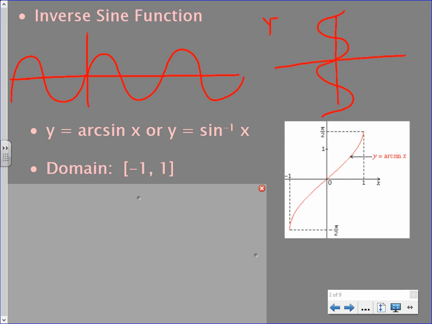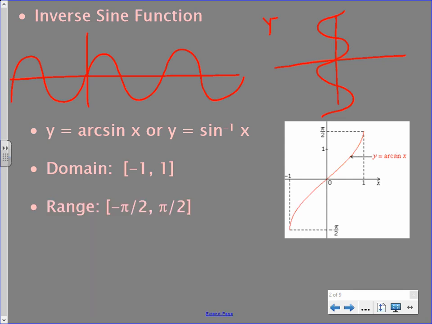You remember our domain and ranges switch. Now, in order for this to be a function, yes, I know the sine function has a domain of all real numbers. We cannot have a range of all real numbers. Instead, the arc sine function or the inverse sine function has a range of negative pi over 2 to pi over 2.